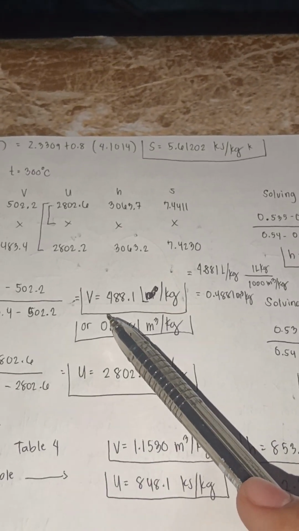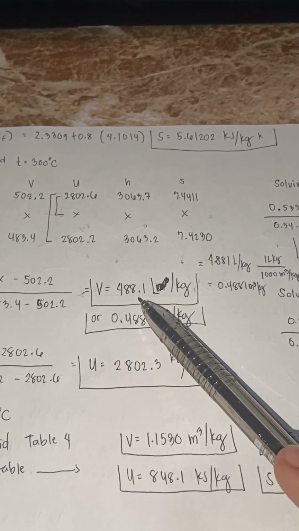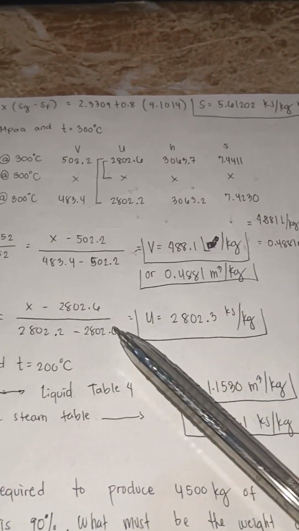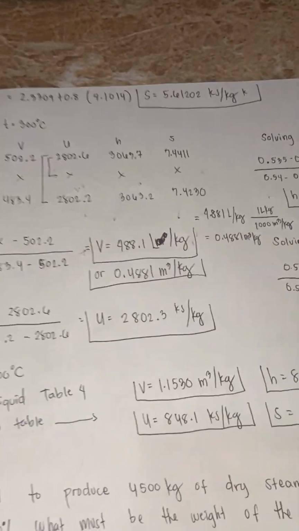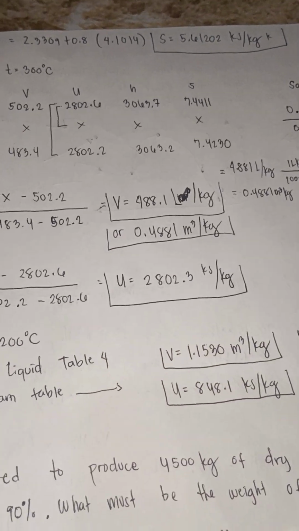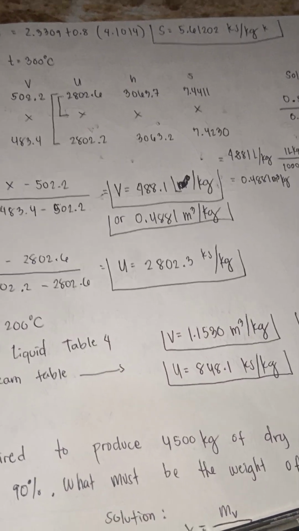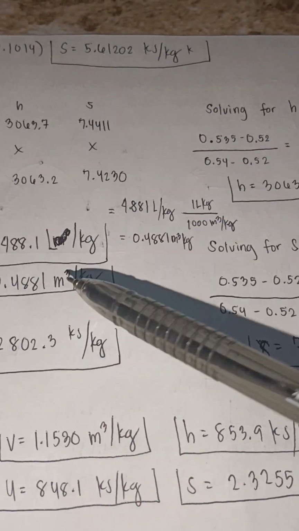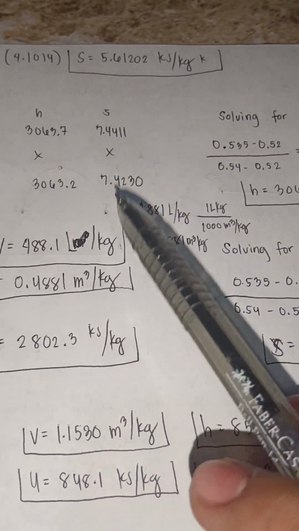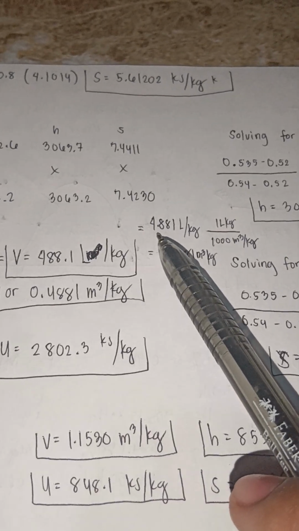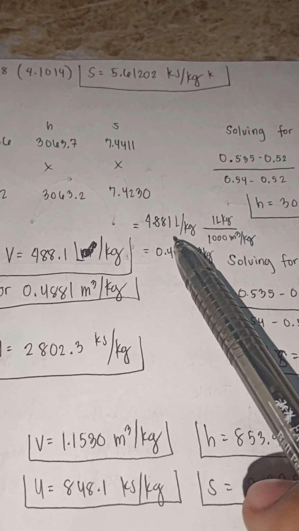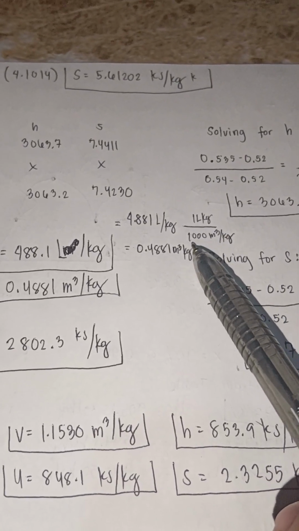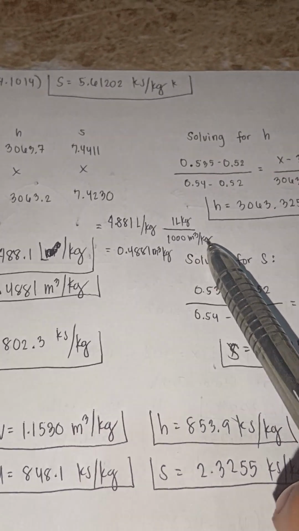So we came up with a volume of 488.1 liters per kilogram, or 0.488 cubic meters per kilogram. Here is the conversion for 4.881 liters per kilogram. So in every 1 liter per kilogram, there is 1000 cubic meter per kilogram.